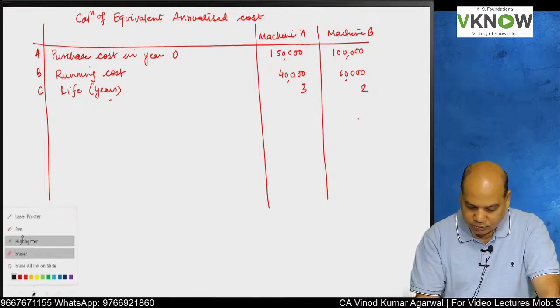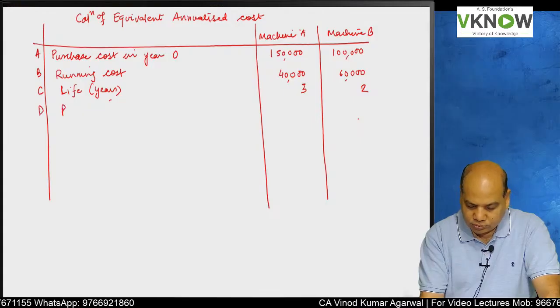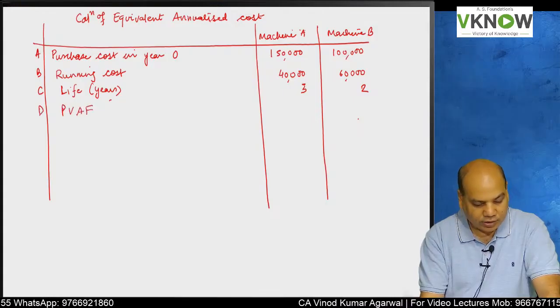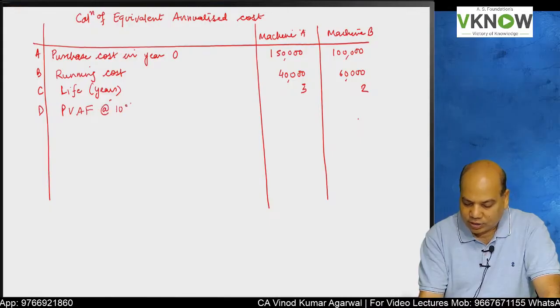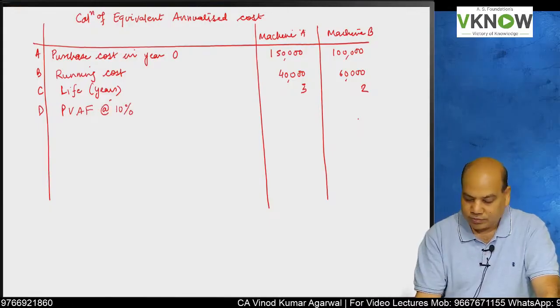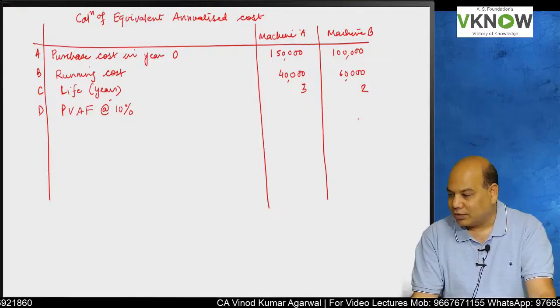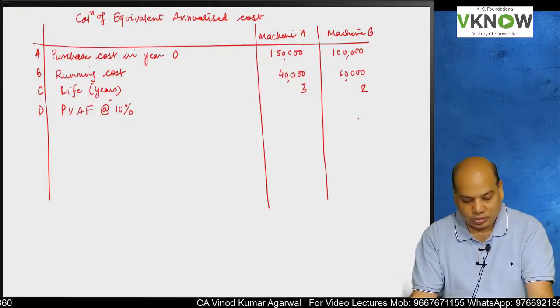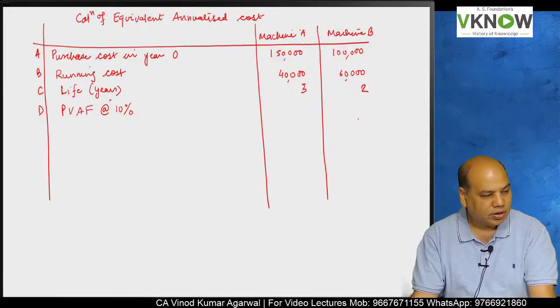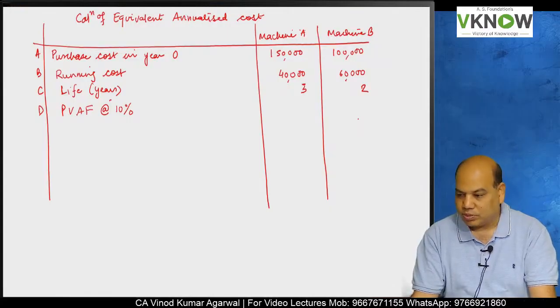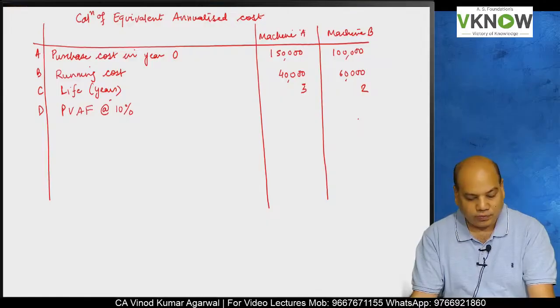Then point number D, present value annuity factor at the rate 10%. So you will calculate annuity factor: 1 divided by 1.10, equal to, memory plus, equal to, memory plus, equal to, memory plus, memory recall function.